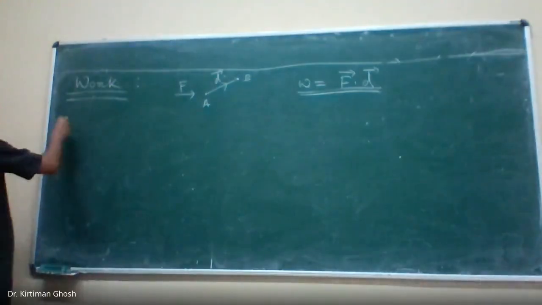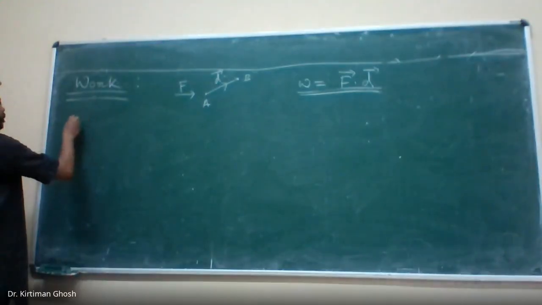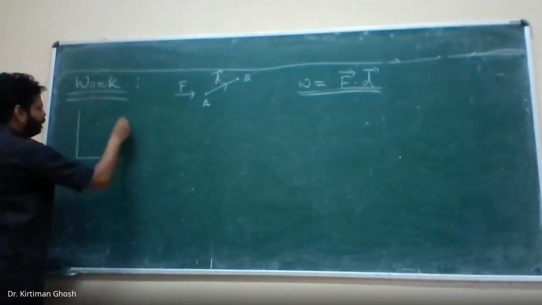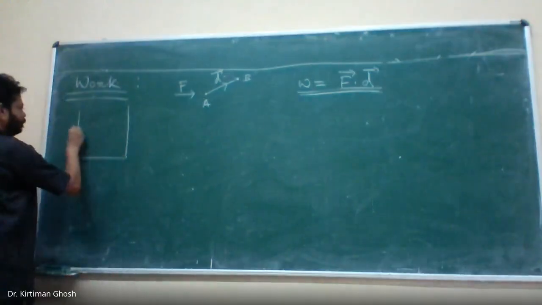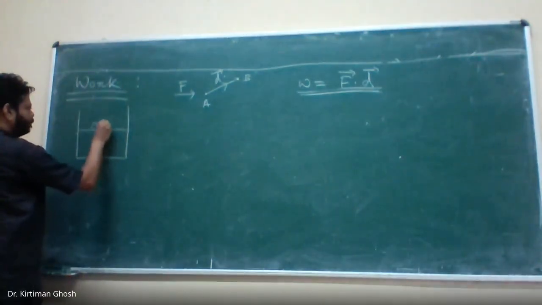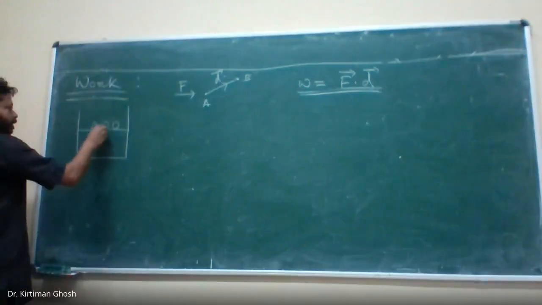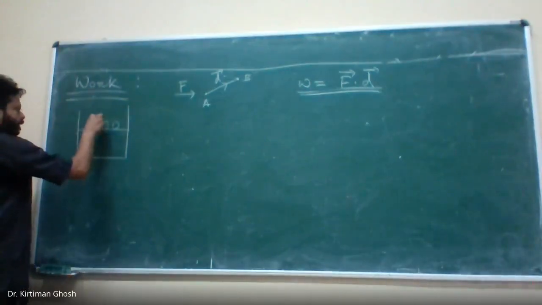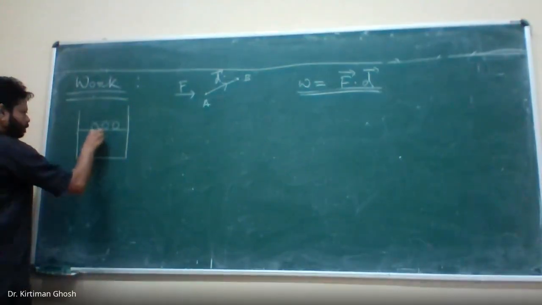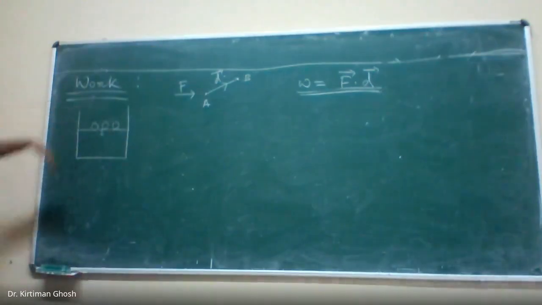Let us assume that we have a thermodynamic system, an ideal gas, with a piston. That means the external force is pushing this piston downward. This is the direction of the external force.